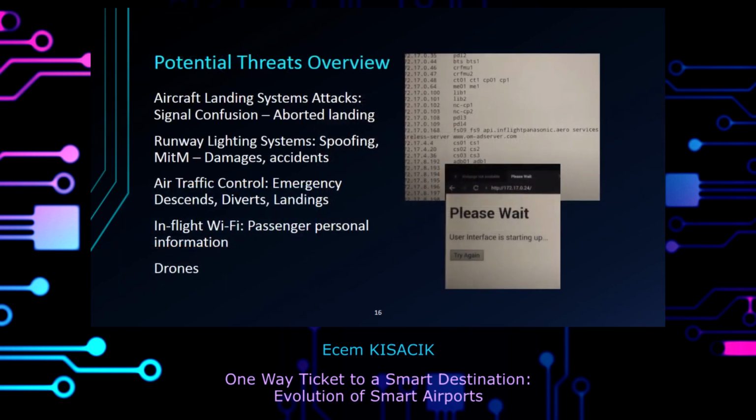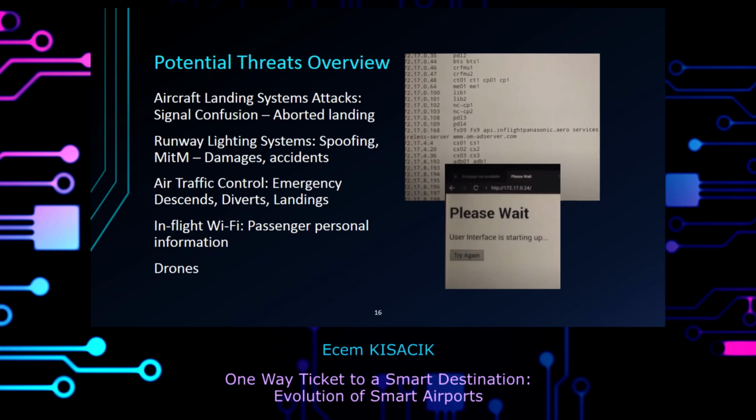And what about potential threats? Aircraft Instrument Landing Systems, ILS, are vulnerable to wireless attacks like replay attacks. This attack could be performed with software-defined radios. Spoofing ILS radio signals causes aborted landing or off-runway landing.